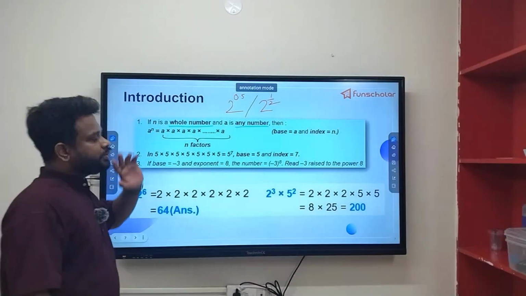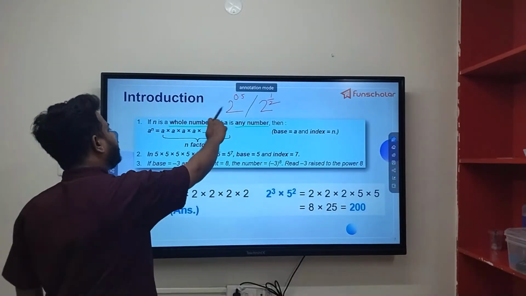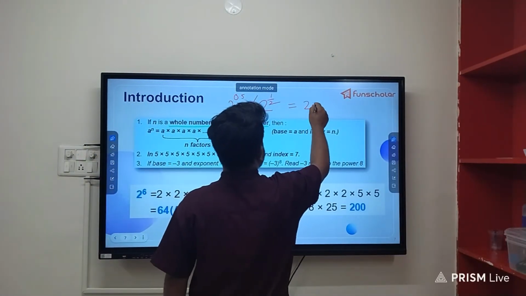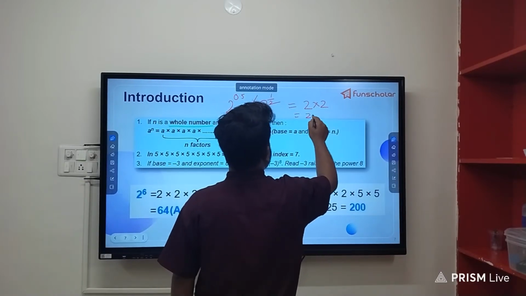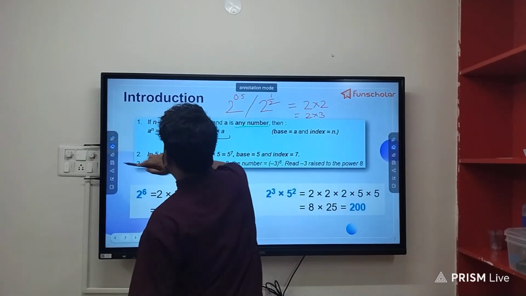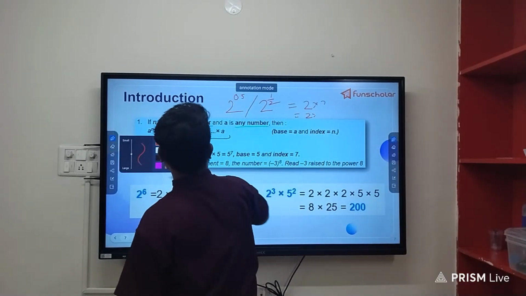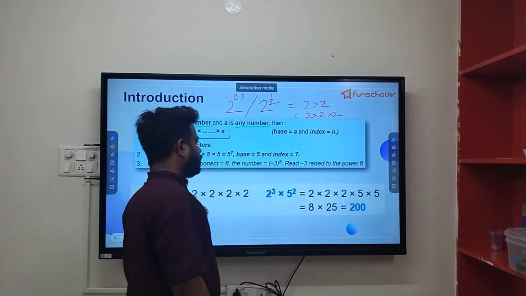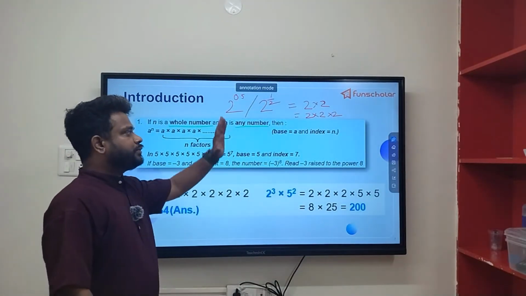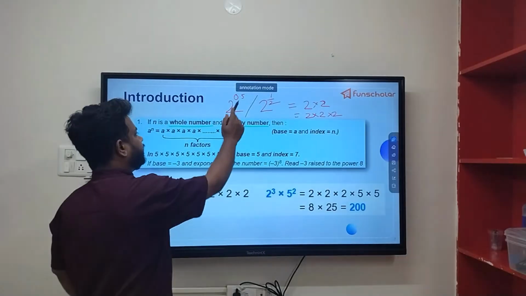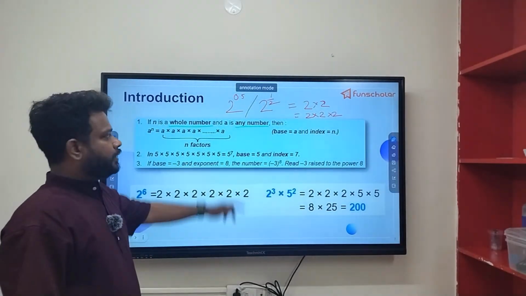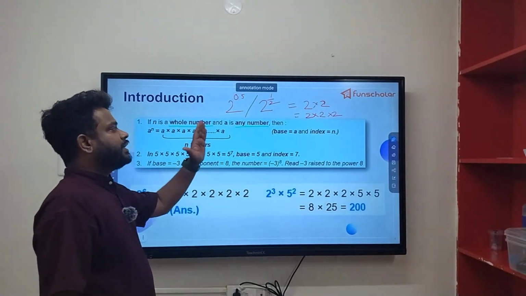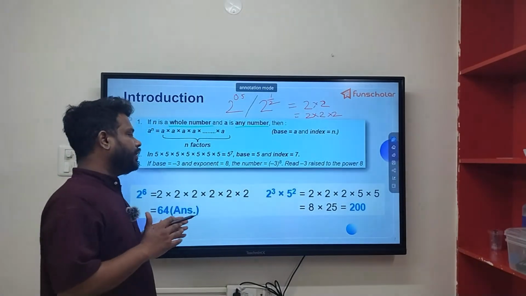These are also numbers, but then the concept of 2 into 2 or 2 into 3 won't get satisfied. This rule won't get satisfied if I take a power of half. Why are they not satisfying this rule? We will learn it further.